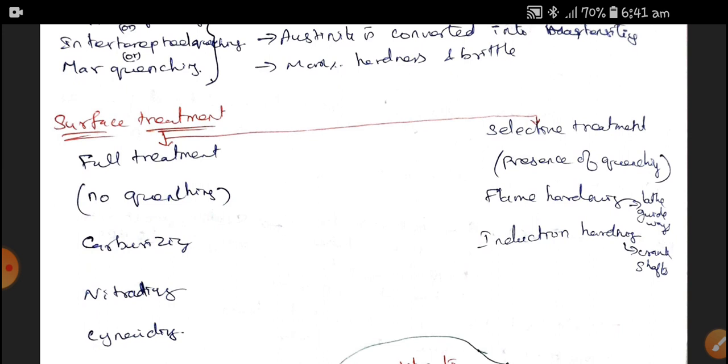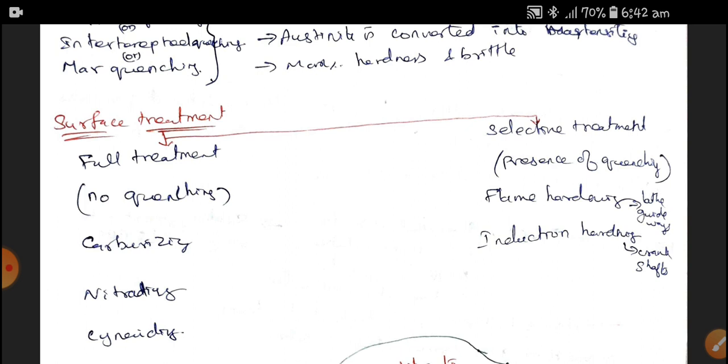In quenching, we have to produce heat. Therefore, flame hardening and induction hardening are the processes of selective treatment. Flame hardening is often used in machine tool guideways, like lathe guideways, and the induction hardening process is basically used in engine crankshafts.